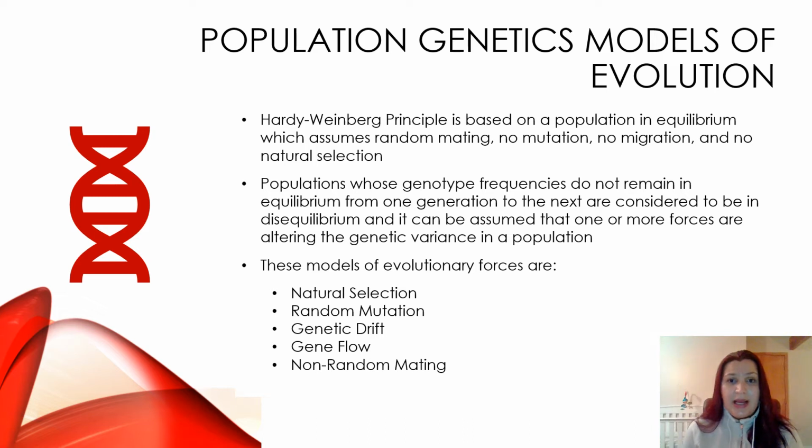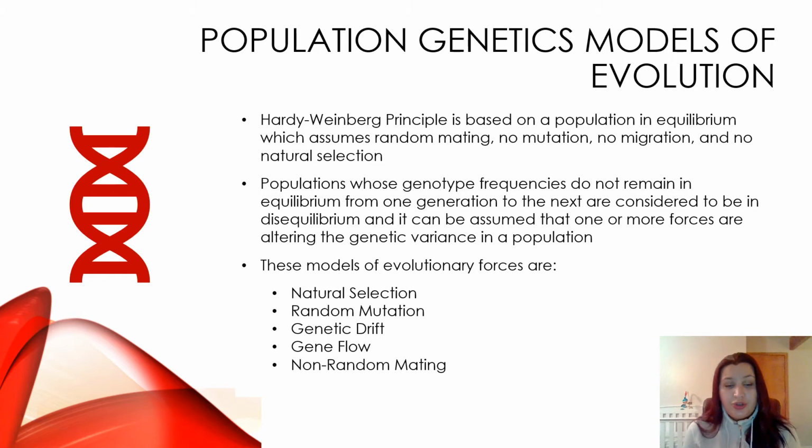And over time, these random events will eventually approach a population to a homozygous allele, since the random events will either eliminate or cause an allele to become fixed within the population, thus creating more homozygous genotypes.